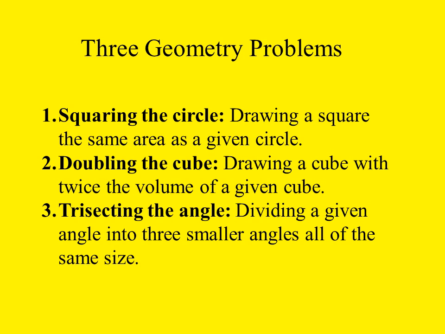Squaring the circle: drawing a square the same area as a given circle. Doubling the cube: drawing a cube with twice the volume of a given cube. Trisecting the angle: dividing a given angle into three smaller angles, all of the same size.